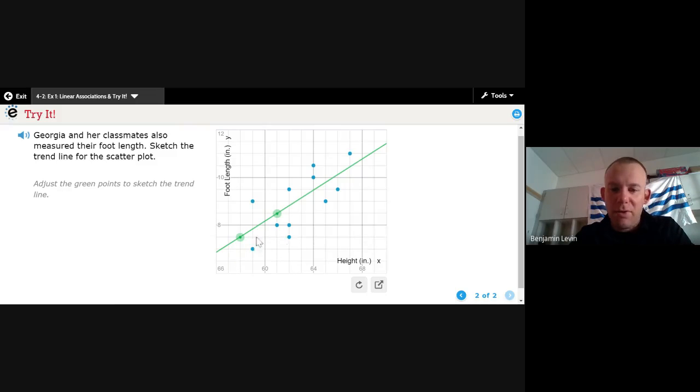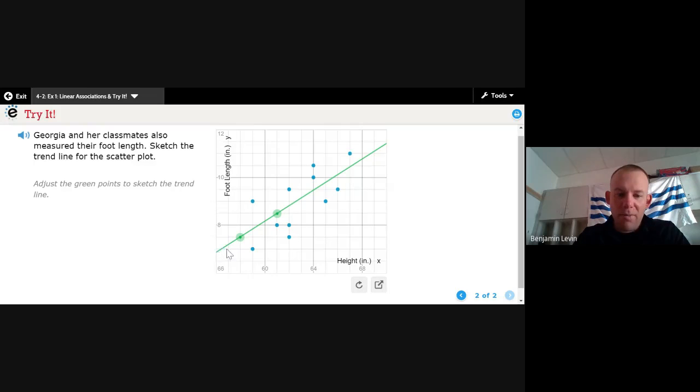If I wrote an equation for this, I would say y equals 2/3 x, because we went up 2 and right 3. Y equals 2/3 x plus 6.75, right? Because this line right here represents 7 and this will represent 6.5. So maybe it's about 6.75 or 6.8.